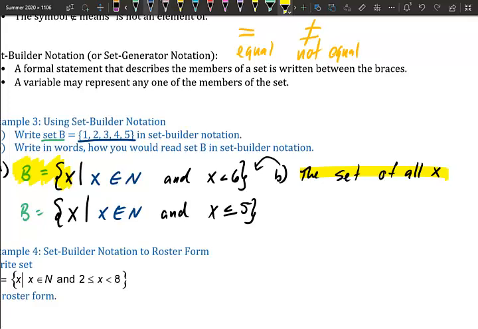Then we have "such that." Such that is this little line. I'm sure you've seen it before in other math classes. It just means such that. All right, moving on.